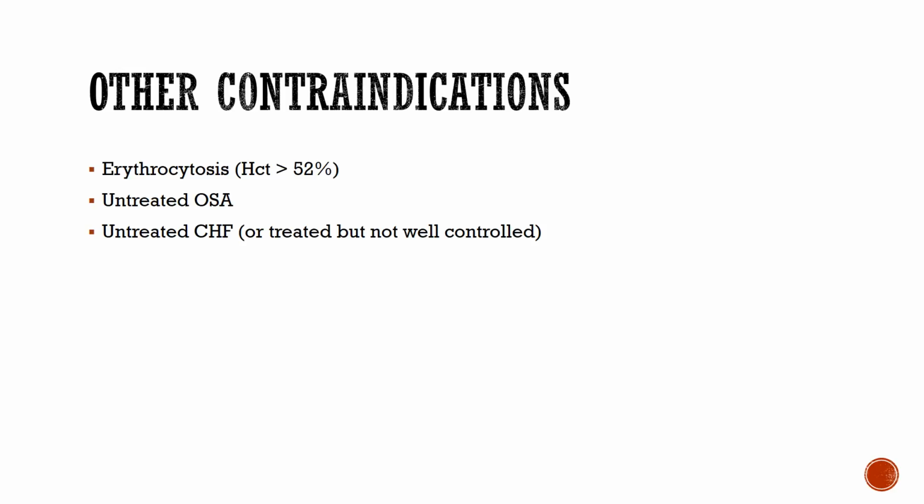So if you've got somebody whose crit is already high, obviously you're not going to do that. Untreated sleep apnea is also a contraindication, and as is untreated heart failure. I think both of those are semi-intuitive, although you do need to be thinking about whether or not they have sleep apnea.